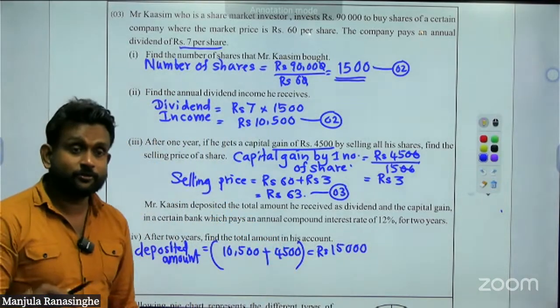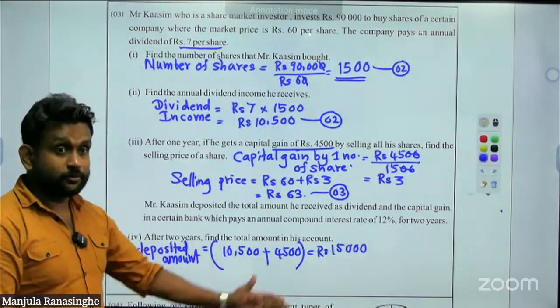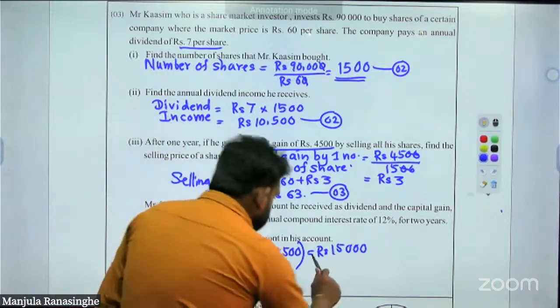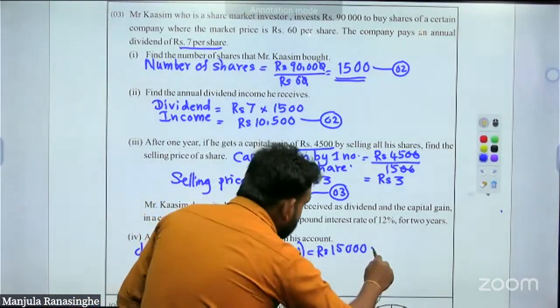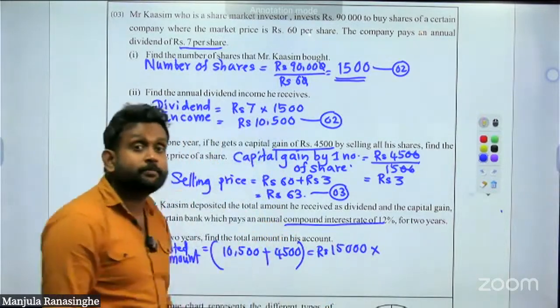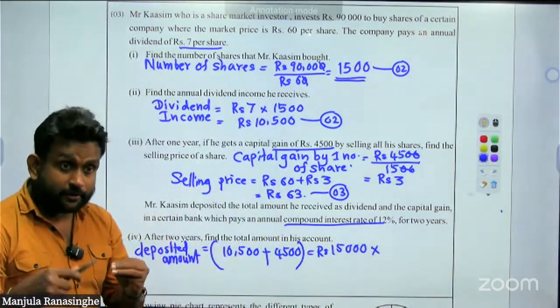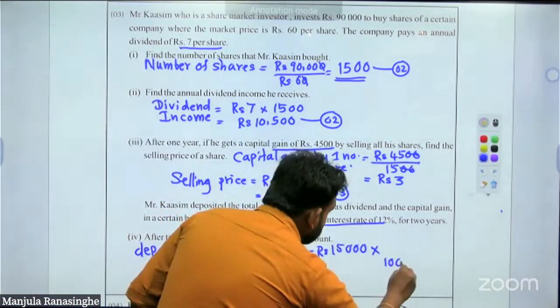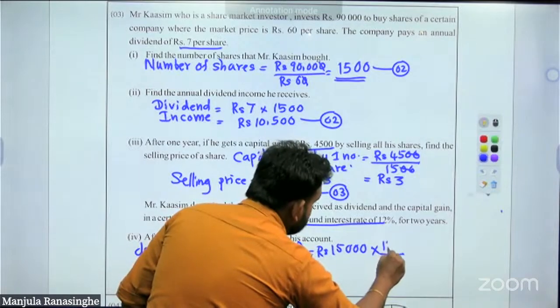So I will introduce you to a short equation to find the total amount through compound interest. The deposited amount is multiplied by the annual compound interest rate: 100 plus 12, that is 112 upon 100.